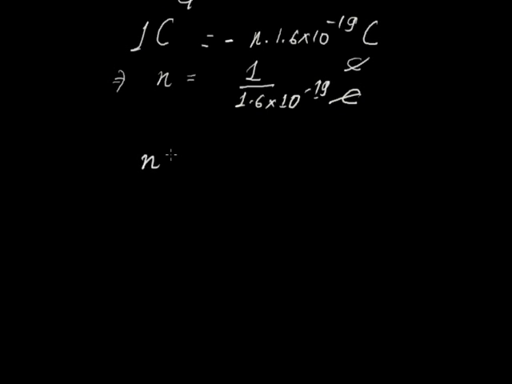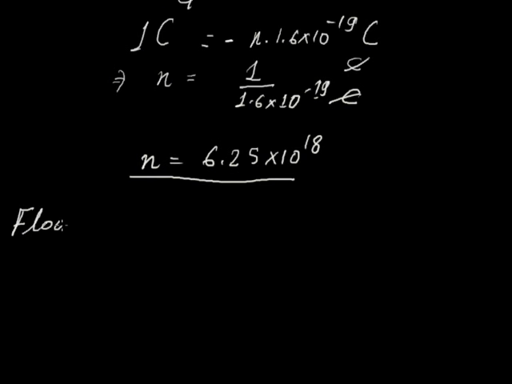This value becomes 6.25 times 10 to the power 18. So we should know that 1 coulomb is a big unit of charge, and it consists of 6.25 times 10 to the power 18 electrons.